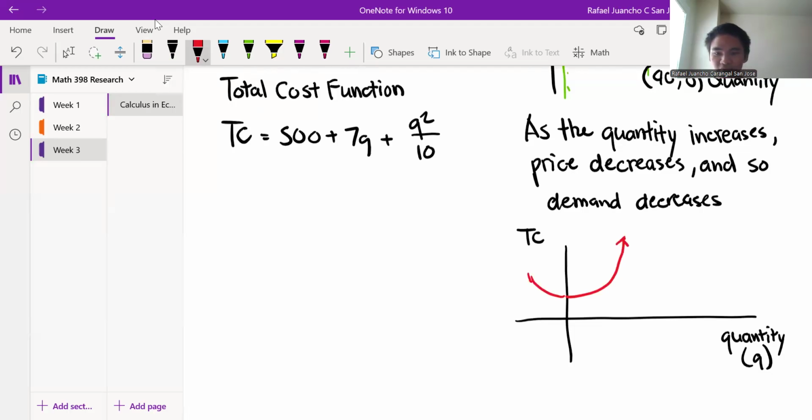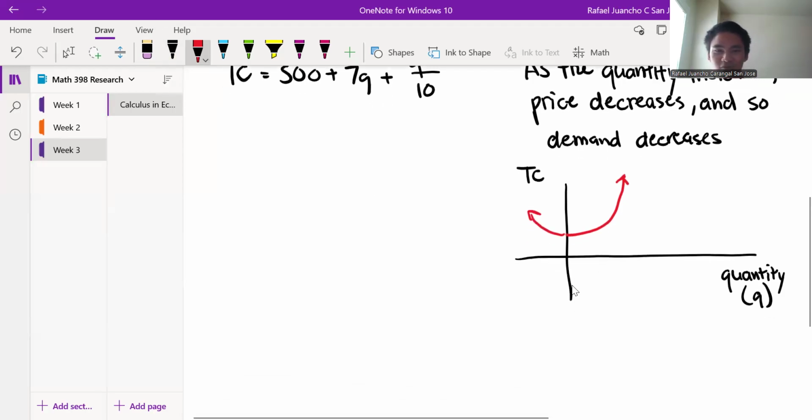Sure, we can add this part, but we don't need it because realistically it doesn't make sense. Our quantity is never negative here. We can't have negative 5 pizzas. We can only have 0 up to infinity. We can't have a negative amount of a certain product, so we're not going to include this part.